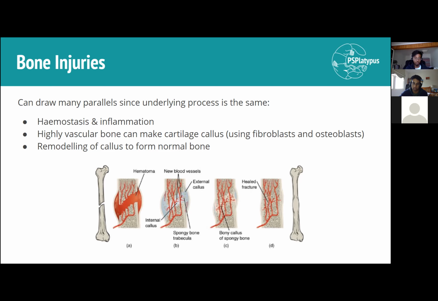And then instead of secretion of collagen to recreate the tissue, we have the cartilage remodeled to form new bone. You guys might come across it when you learn about how bones are formed through ossification. And it's a similar process where cartilage is remodeled into bone.